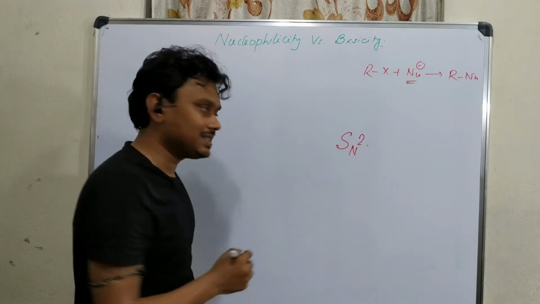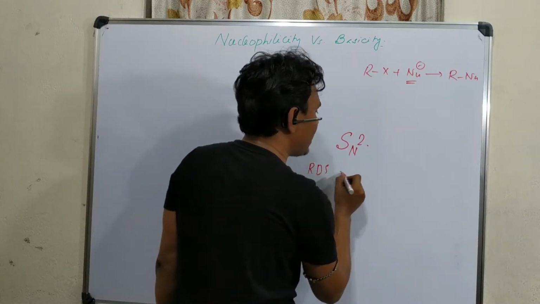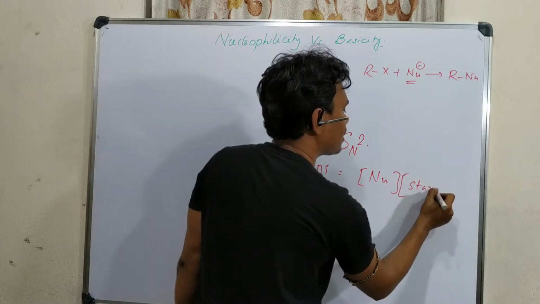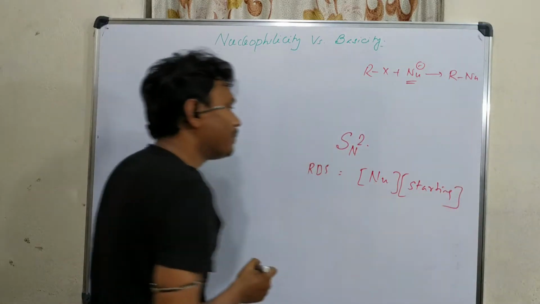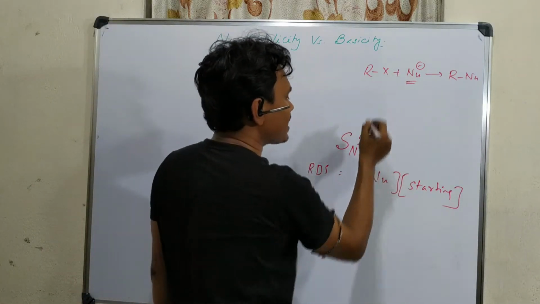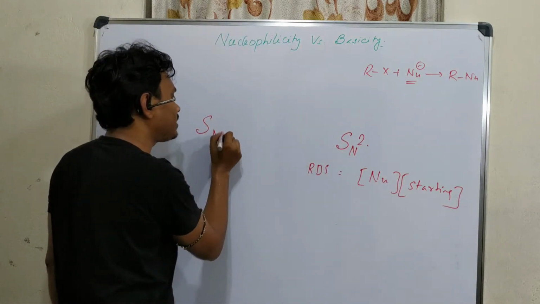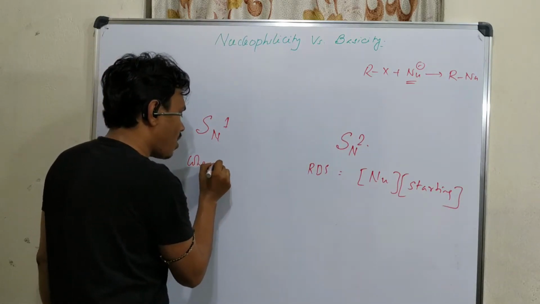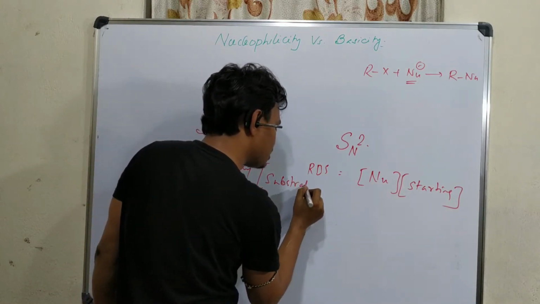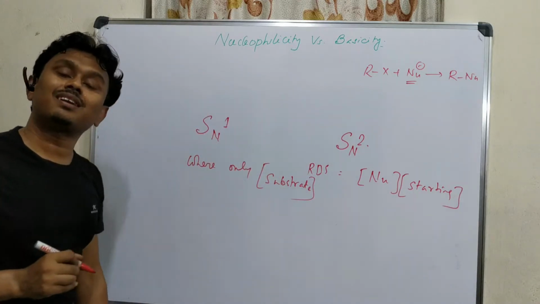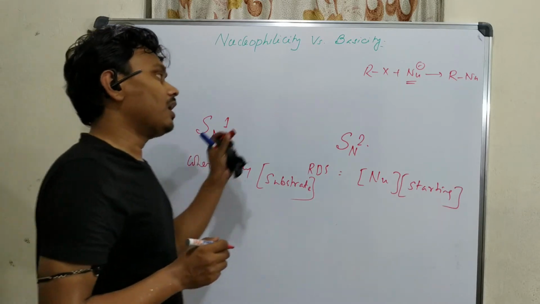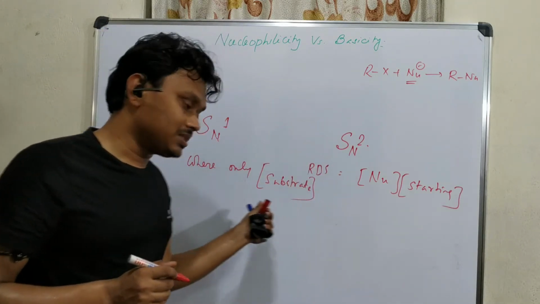Because in an SN2 reaction, in the rate determining step, both the nucleophile and the substrate are involved. But if the nucleophile is not strong enough, then the reaction will become SN1 type, where only the concentration of substrate is responsible in the rate determining step. So it is very important to have a good nucleophile for this reaction.